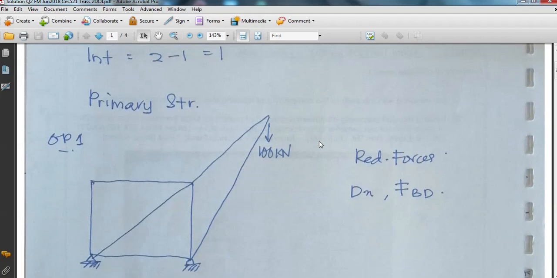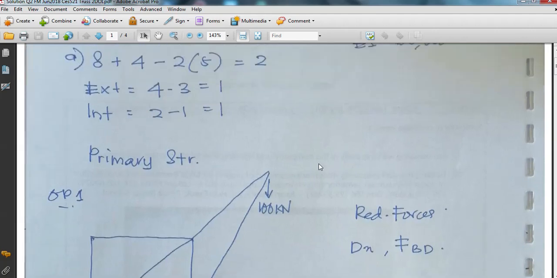we can choose DX and FBD. Why do we choose DX and FBD? Because your DOI is one external, one internal. When the DOI is external, for your redundant force you must remove one reaction. That's why you remove DX.